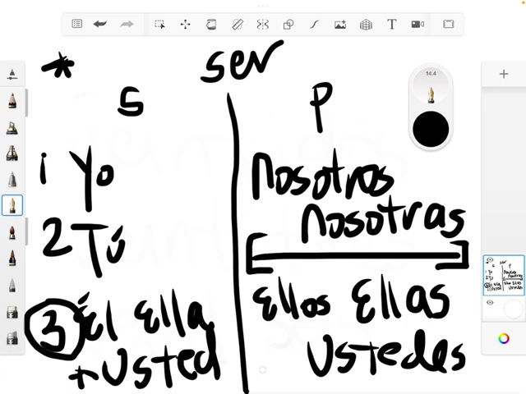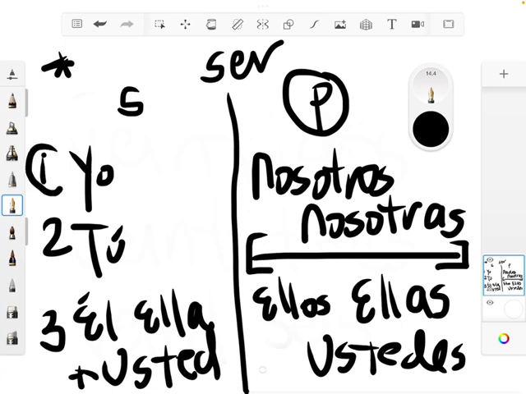All right, so we have our pronouns all here. I'm going to need to delete this so that I can show you the verbs, but keep in mind if I'm ever referring to first person singular, the pronoun that I'm using is yo, okay? If I'm referring to first person plural, I'm referring to nosotros or nosotras, okay?